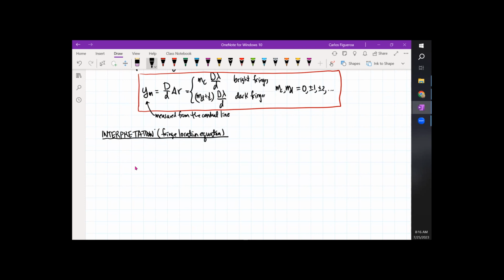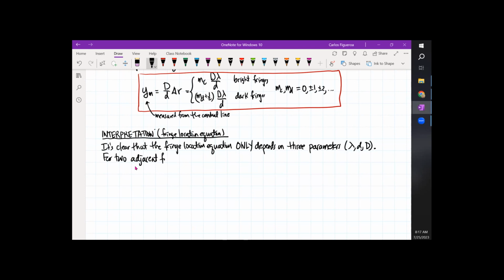It's clear that the fringe location equation only depends on 3 parameters, which are lambda, little d, big D. So for 2 adjacent fringes, I can then see that delta y of m is going to be m_c plus 1.